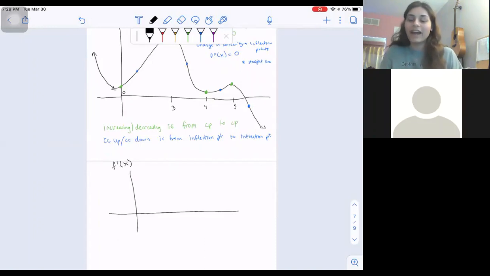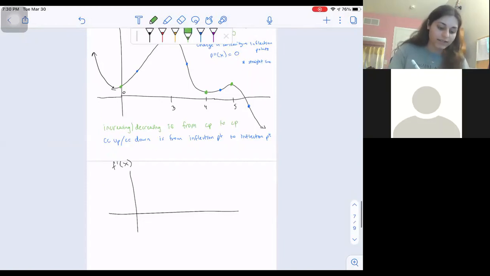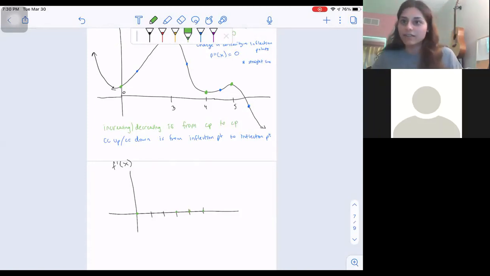Okay, so we already have 4 points on our derivative graph. Whenever x equals 0, 3, 4, 5, y equals 0. The y-axis on our derivative graph is giving us slope. Slope at our critical points is 0. So we'll have a point at 0, 0, and then another point at 3, 0, another point at 4, 0, and another point at 5, 0.